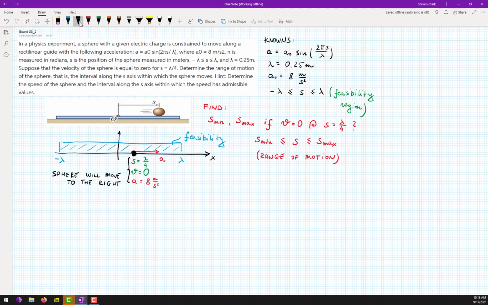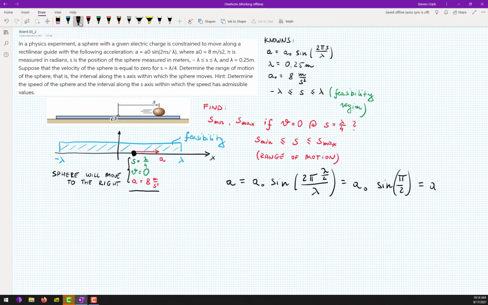Yeah, yeah. So besides position and velocity, let's also find the acceleration at that point. It's, by the way, 8 meters per second squared, but let me prove it to you. Let's take our a, 2 pi divided by lambda, and instead of s, I'm going to plug in lambda over 4. So that would be a0 sine pi over 2.